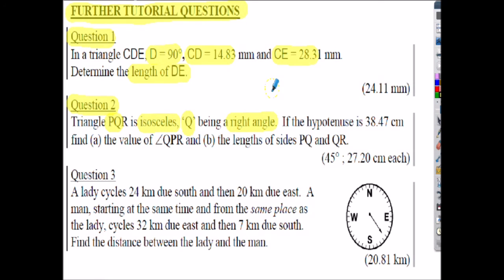Angle Q is a right angle. We're given the hypotenuse of the triangle. We've got to find in part A the value of angle QPR, in other words that's the angle at P as you've labelled your diagram, and also part B we've got to find the lengths of sides PQ and QR, and of course because of an isosceles triangle they will be the same.